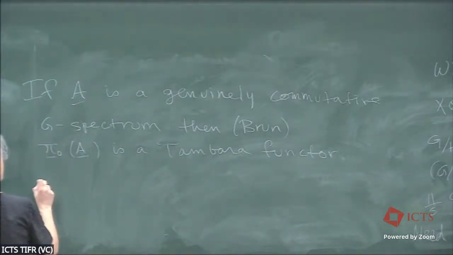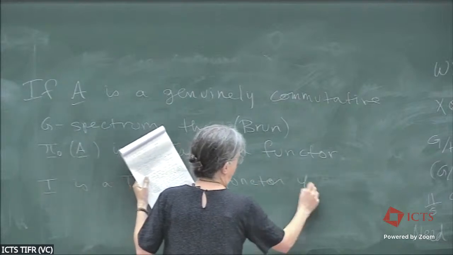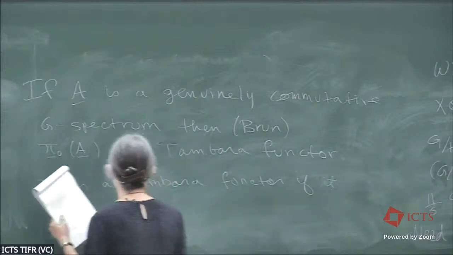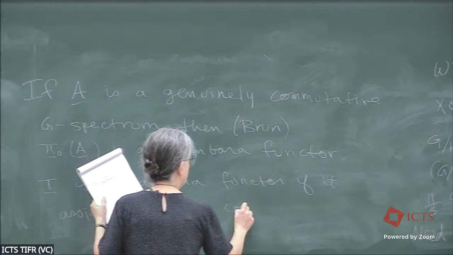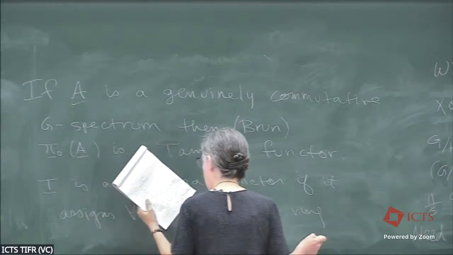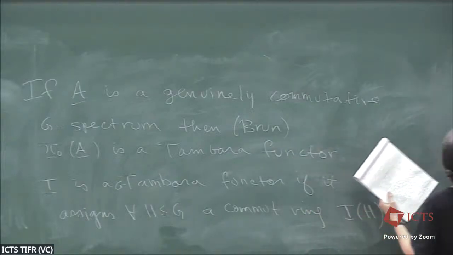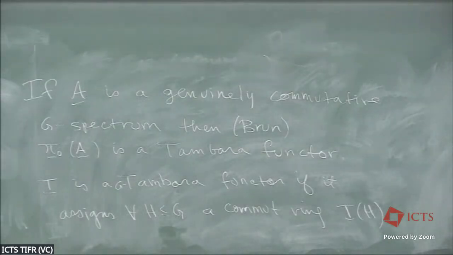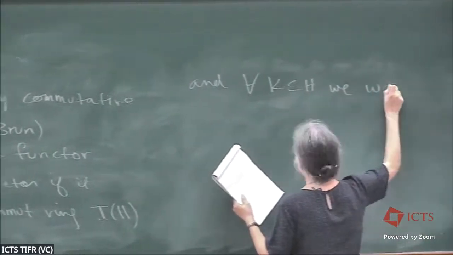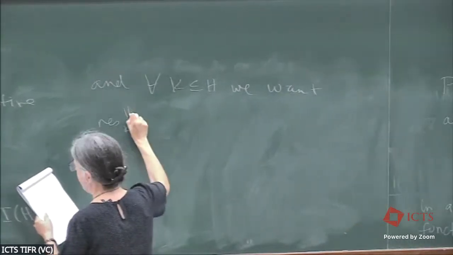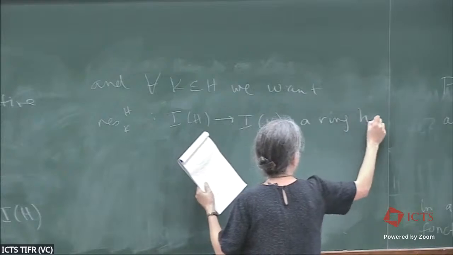So what is the idea here? T is a G Tambara functor if it assigns, for all H in G, a commutative ring T of H. And for all K in H, we want the things we had before: res KH from TH to TK, and this is supposed to be a ring homomorphism.